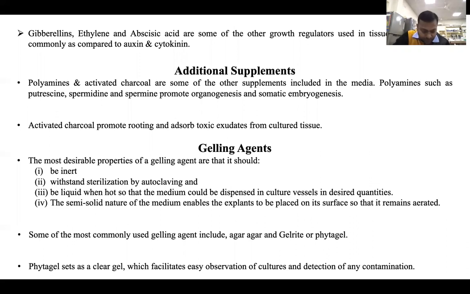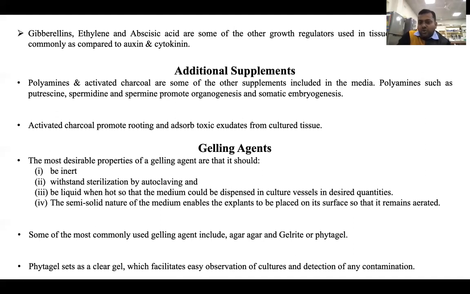One of the prime reasons for using a solidifying agent is that if you are doing a callus culture, protoplast culture or anther culture, and you have a static liquid media, this will submerge, and because of lack of oxygen, it will die. So we need a solid media so that they can be placed on the surface and allowed to grow. Those components are called gelling agents.